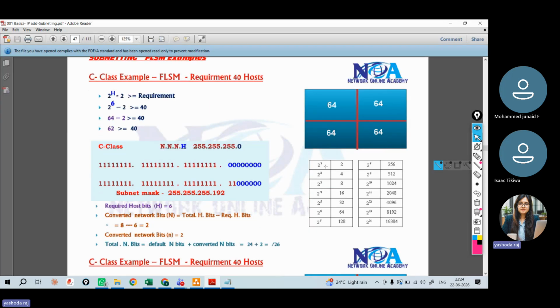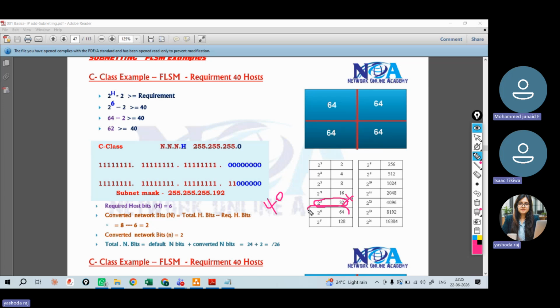Which 2 power value is going to satisfy my requirement of 40 hosts? If I go 2 power 5, I have 32 hosts. Can I take this? No, I need 40, but available is 32. So this is not suitable.